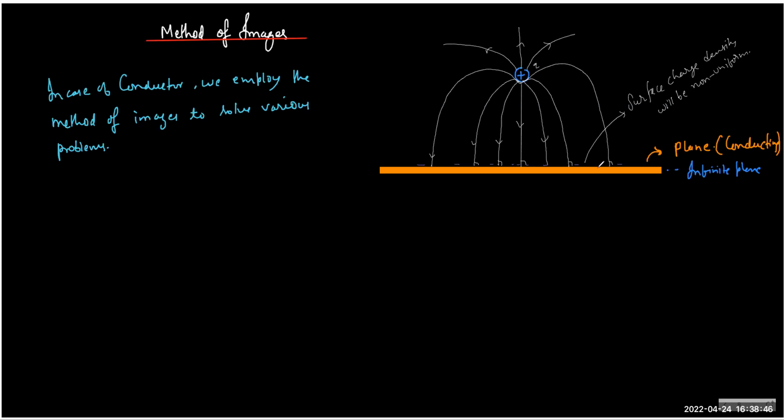That's the first rule. As a result of this non-uniform charge density on one side, the other side will be having positive or negative charge. Sorry, the other side will have uniform or non-uniform charge?